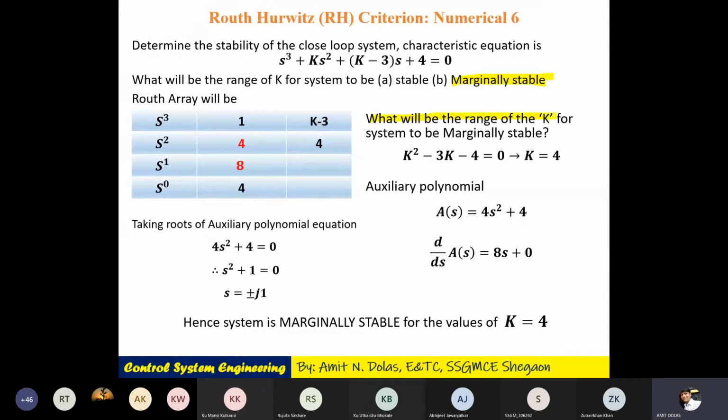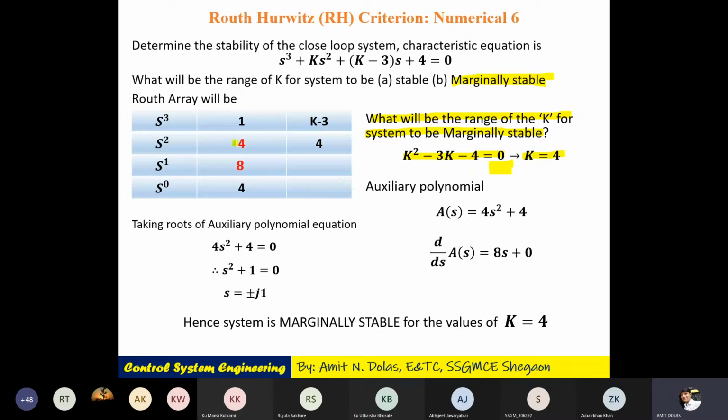What will be the range of k for the system to be marginally stable? So we'll put k square minus 3k minus 4 equal to 0, and we put k equal to 4 there. Of course, 4 square will be 16, minus 3 into 4 that will be 12, minus 4, it will be 16. So 16 minus 16 validates this equation equal to 0.